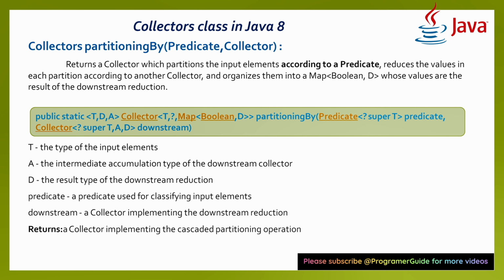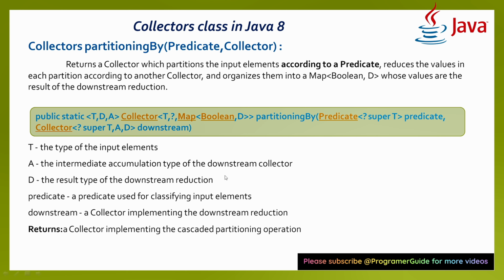Here, Collectors partitioningBy predicate and collector returns a collector which partitions the input elements according to a predicate, and reduces the values in each partition according to another collector. That means whatever collector you perform, all kinds of collector methods, you can use with the predicate and collector input parameters.